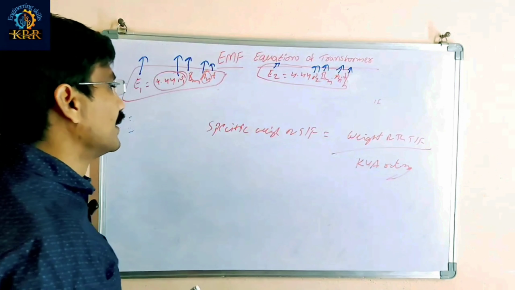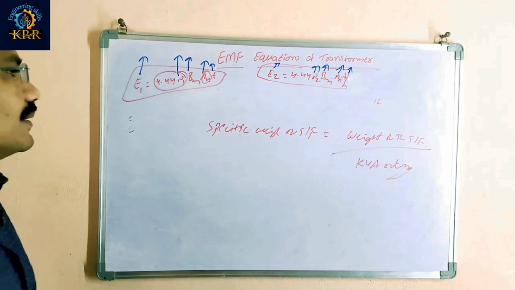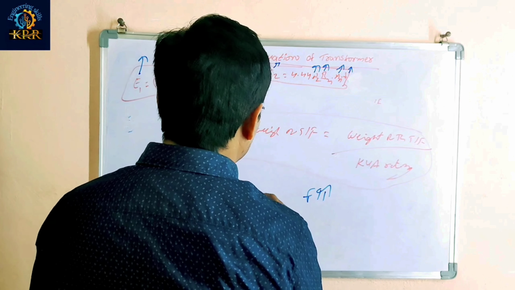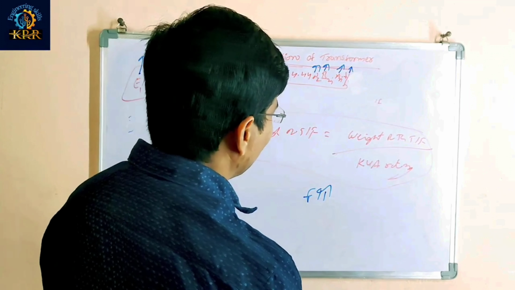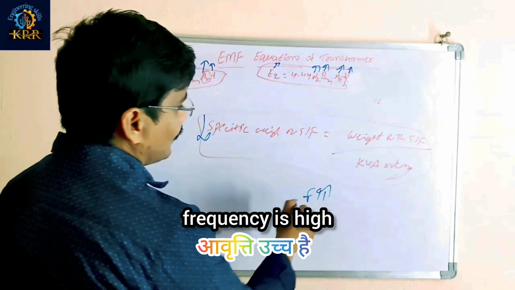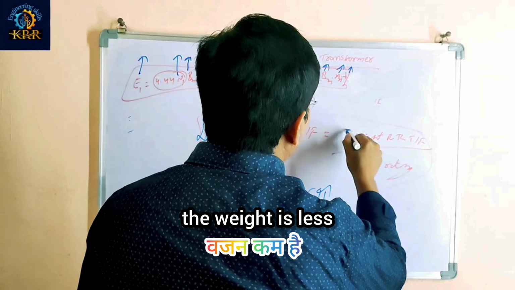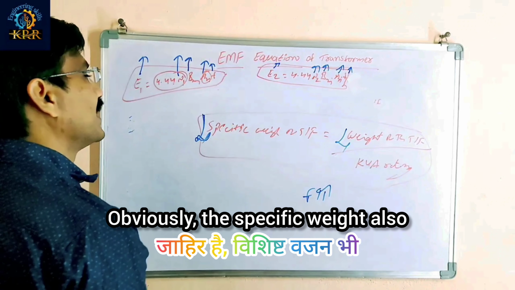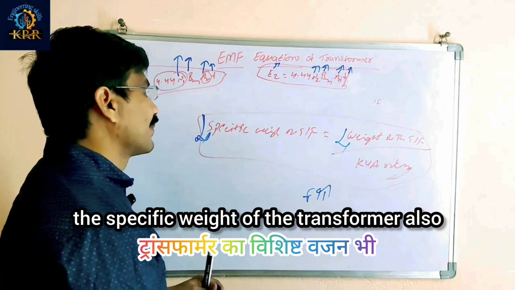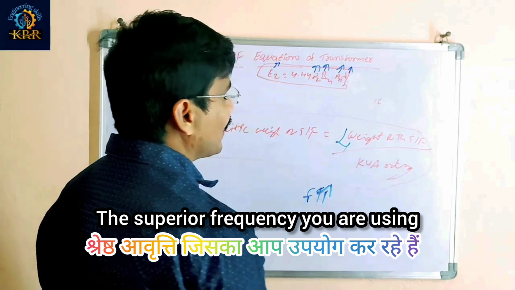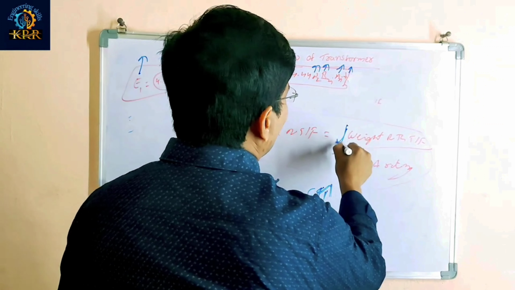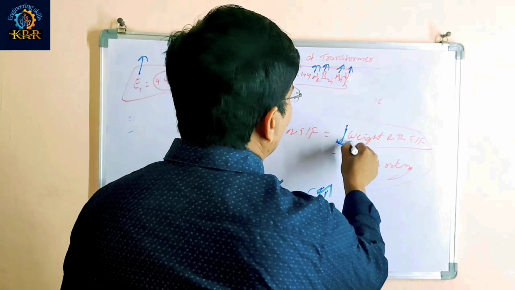The higher the design frequency, the lesser the seismic weight of the transformer. Means if frequency is high, the weight is less. Obviously, the seismic weight of the transformer will also be less. When you use the superior frequency, the weight is reduced, and the seismic weight of the transformer is reduced.